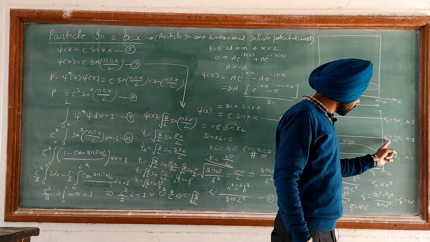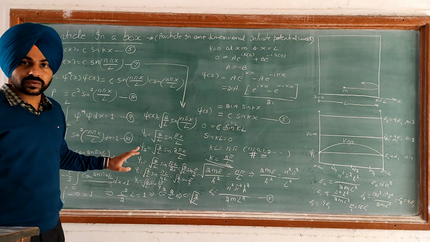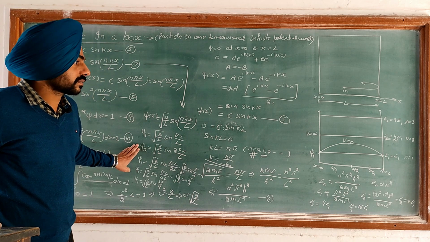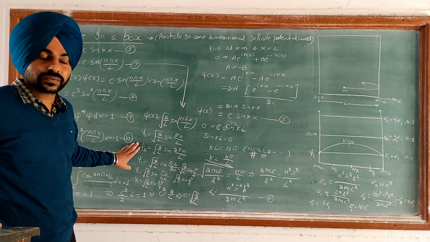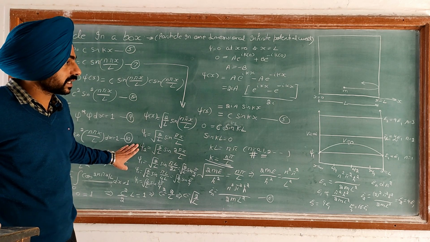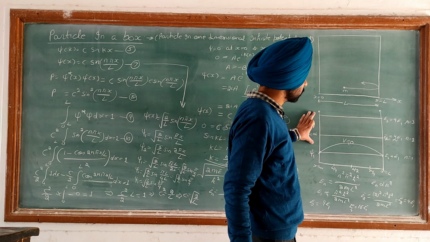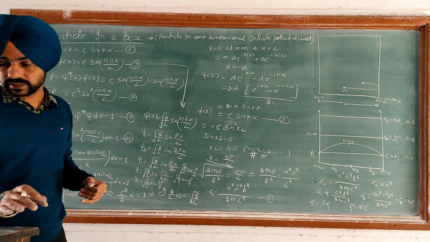Similarly, for n equal to 2, you can plot psi 2. This is the assignment for you: find psi 2 and plot it in the diagram, and psi 3 and plot it in the diagram. If you have any problem, you can discuss with me. I will try to solve it.